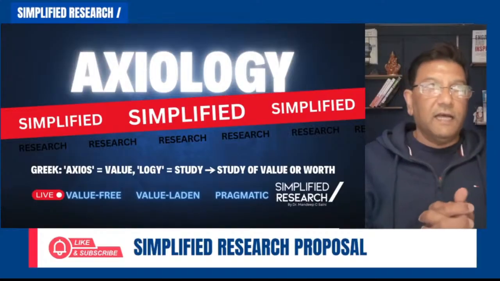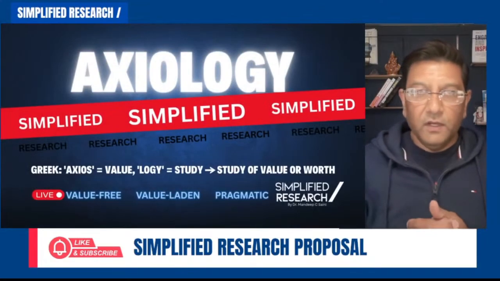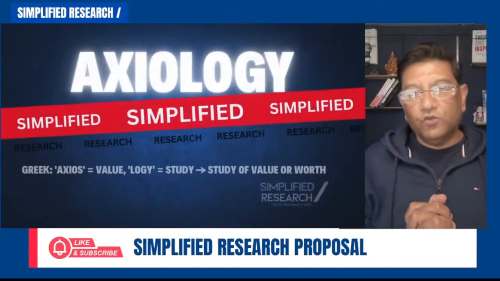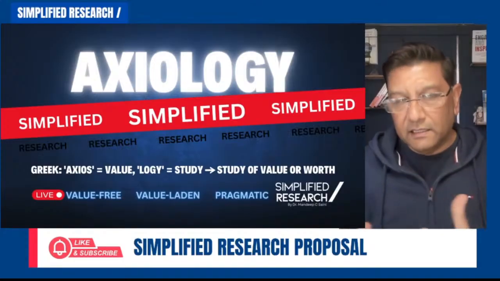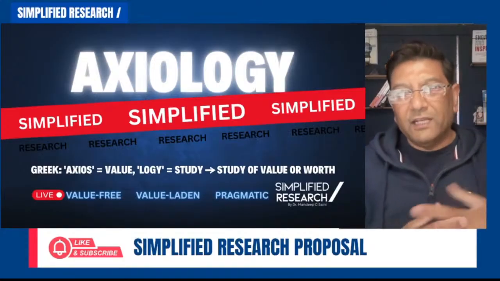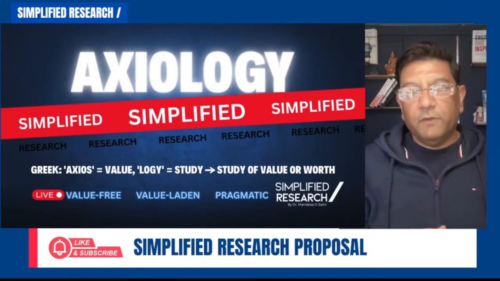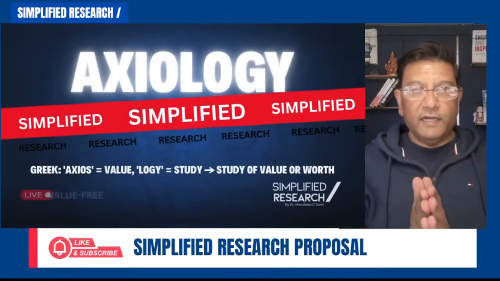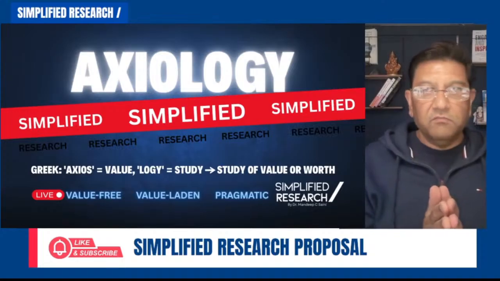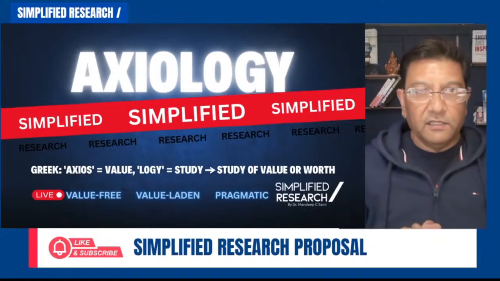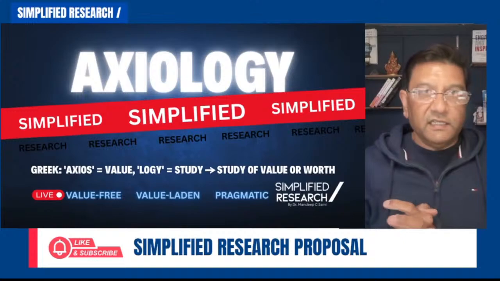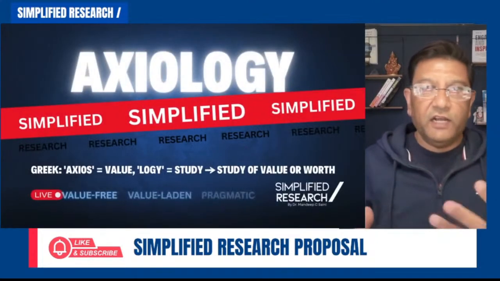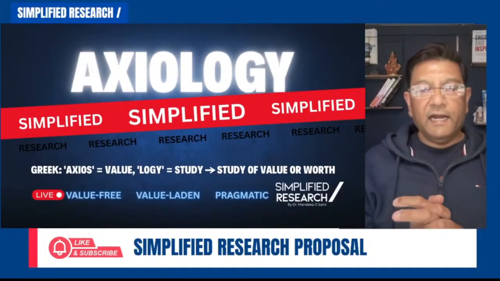Now in the social science, or nowadays, most of the research is value laden because there are so many different types of biases. Even if you talk about an experiment, for example, you are doing an experiment to identify, let's suppose, what type of medicine is going to work on coronavirus. Now, when you start your experiment, what happened in that case?